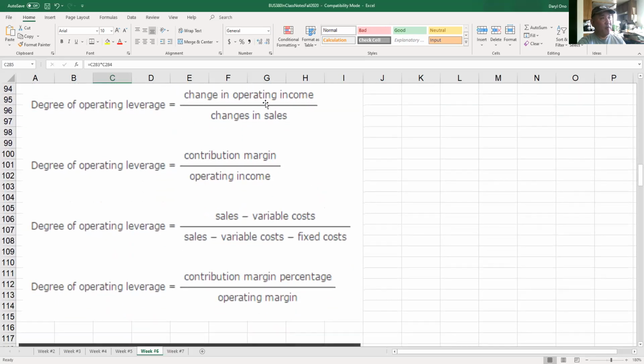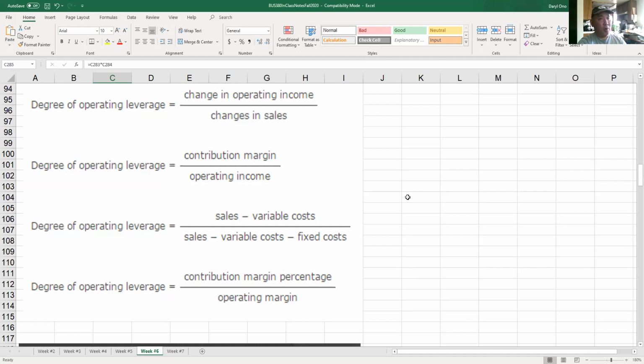Here are 4 more formulas to calculate the degree of operating leverage. So for you as a student, you're going to be asked to calculate your degree of operating leverage both in the homework, which has been listed, and on the midterm in this class. You're going to have to determine which formula or equation to use.